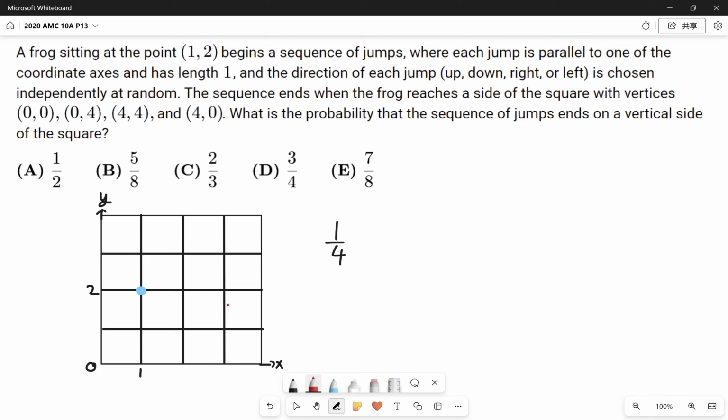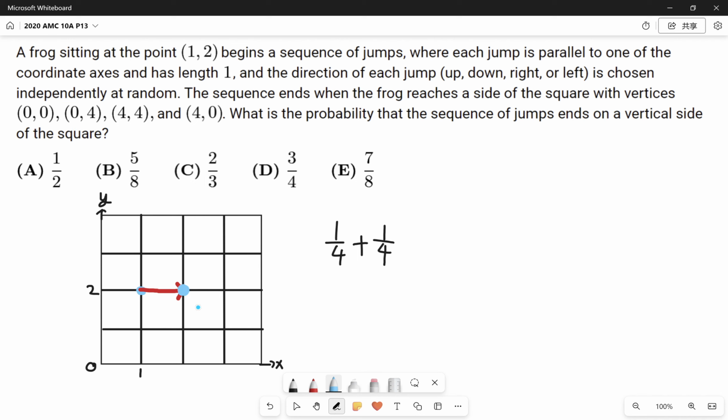So let's say it goes to the right. Before we talk about what happens after that, what's the chance that the frog actually goes to the right from its starting point? Well, the chance is 1/4. And then what happens after we reach the right? We end up at the center.